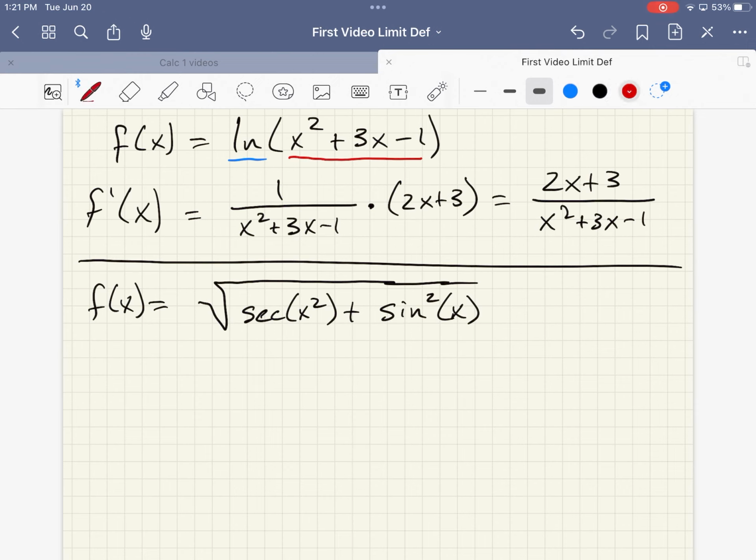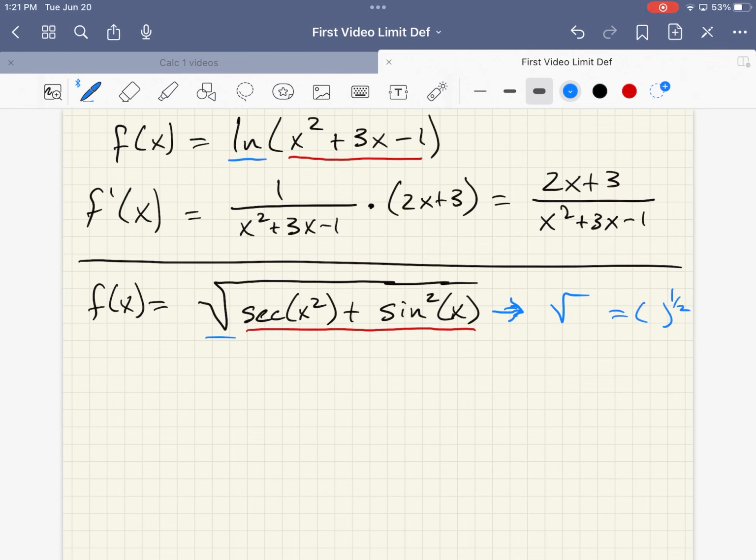All right, so once again, we do have a composition here. We have an inside function, secant of x squared plus sine squared of x, and it's put into another function, and that is the square root. Now, keep in mind that we would want to think about the square root as something raised to the 1/2.